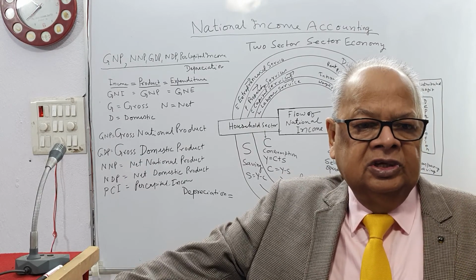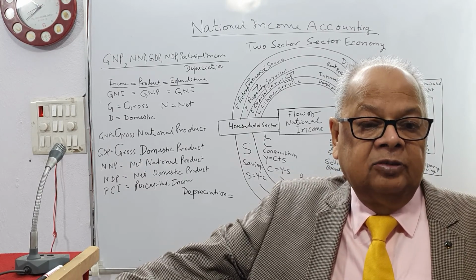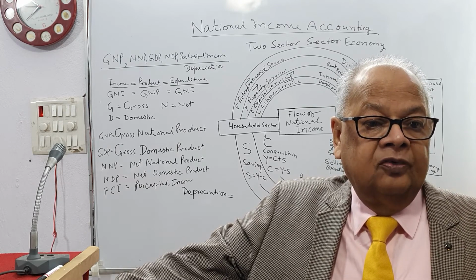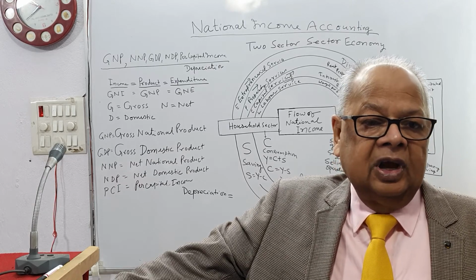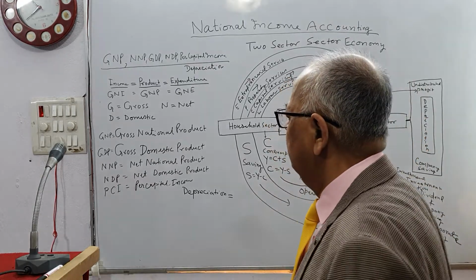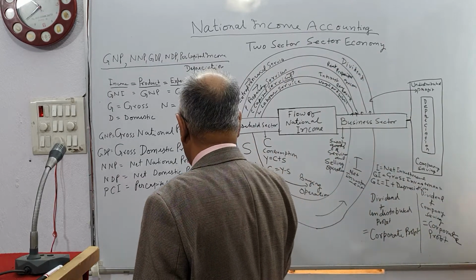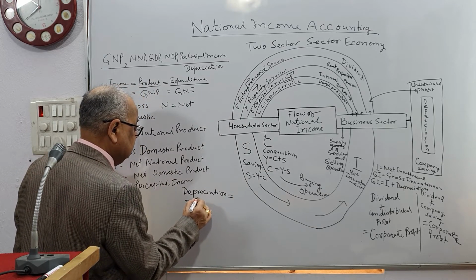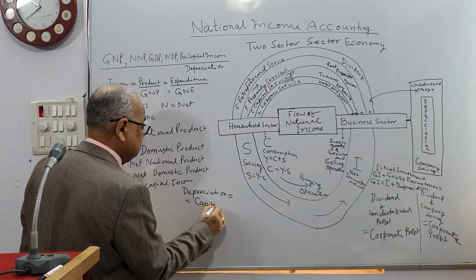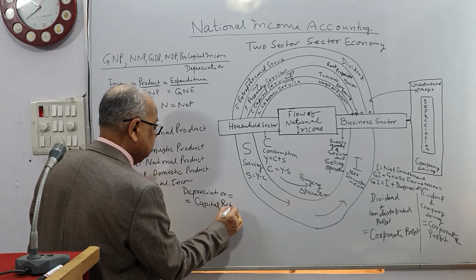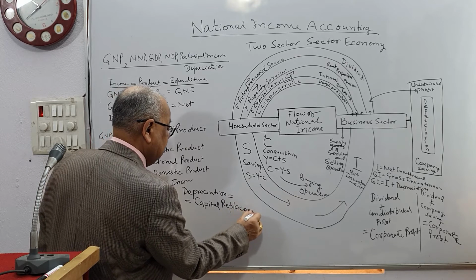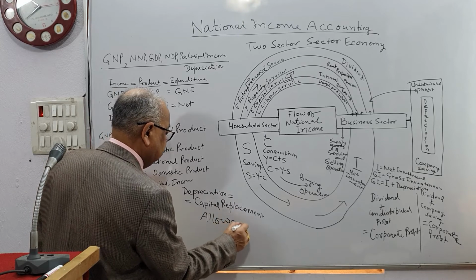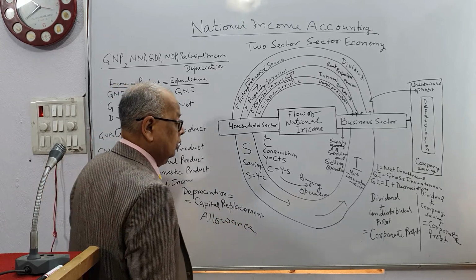If this process is perfectly followed, then there will be no problem of worn out machinery. There will be no problem of depreciation in the account, and therefore it is essential to know that depreciation means capital replacement.